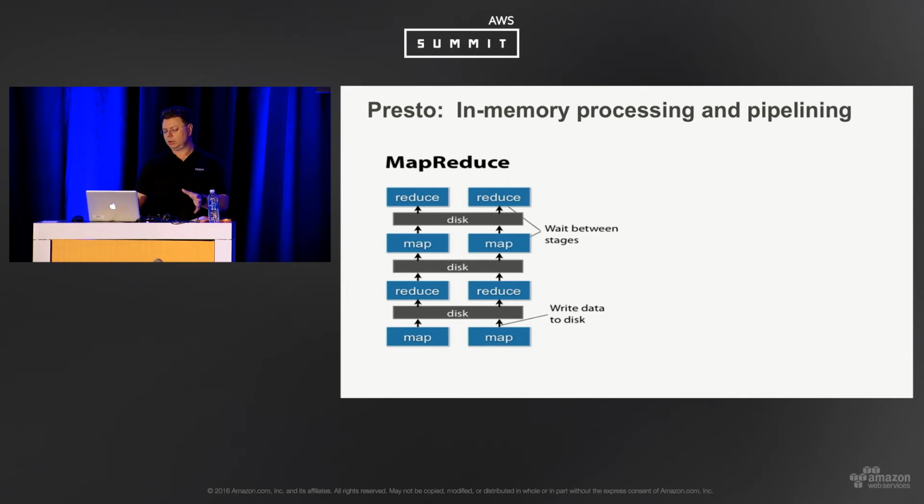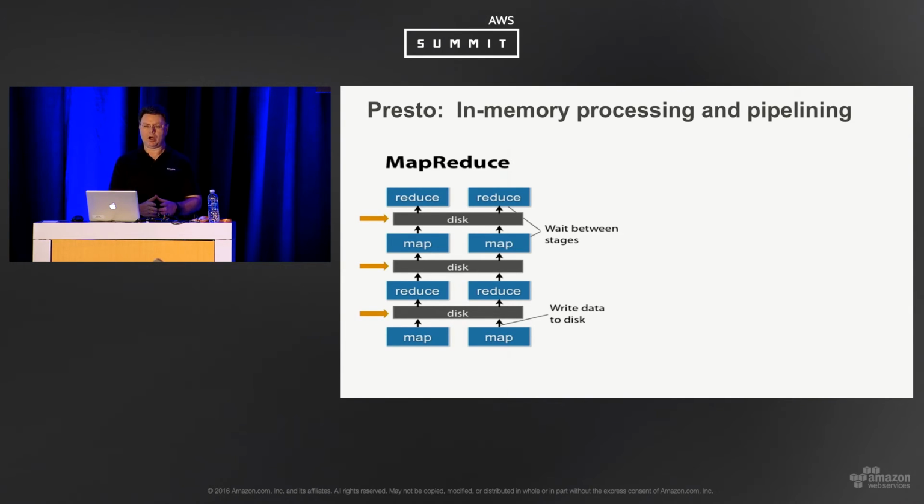All right, so just to contrast Presto with the traditional MapReduce, as most of you probably know, MapReduce has a chaining of map steps that transform data and then reducing steps that aggregate or pull together. But that chaining, that handoff between the map step and the reduce step is with disk I/O.